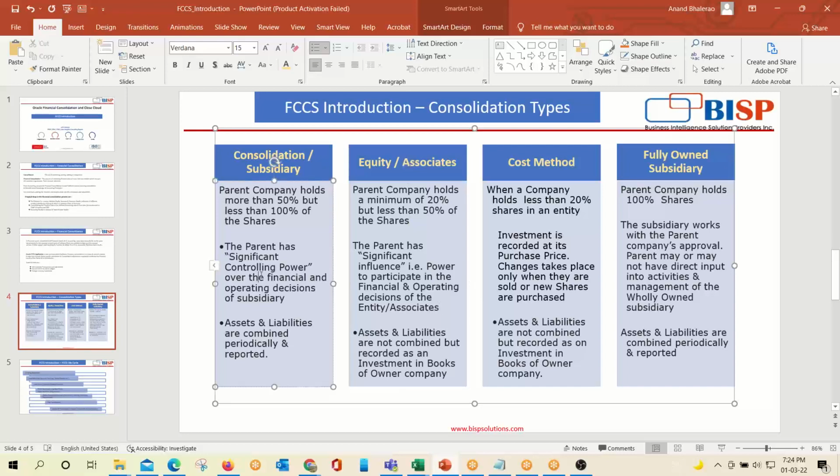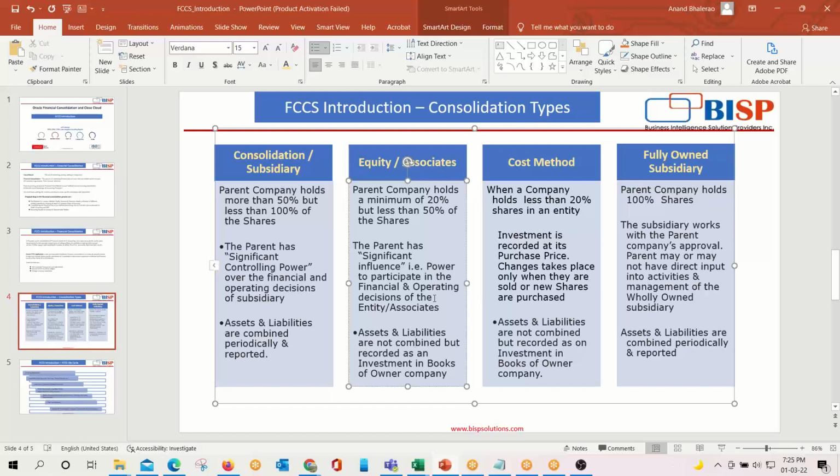So in consolidation, it has significant controlling power, while in the equity method, it has significant influence, that is, it can change to some extent the financial and operating decisions taken by the associate. Under this method, the assets and liabilities are not combined, but are recorded as an investment in the books of the owner company. That is contrary to the consolidation method.